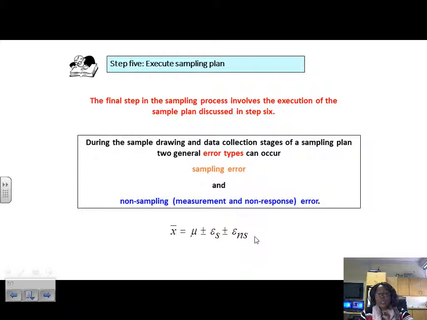So be on the lookout for all these types of errors, be it sampling error or non-sampling error, and it's very important to consult your research leader so that you make attempts by all means to minimize these types of errors in your research.